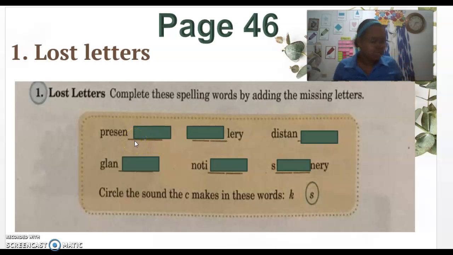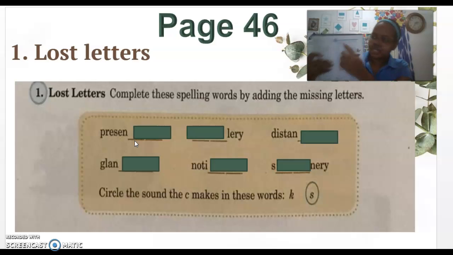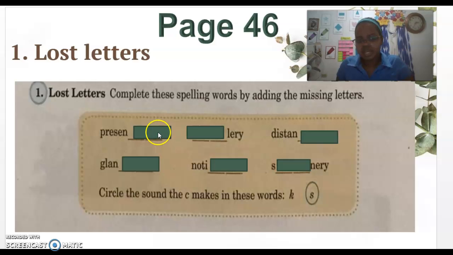So you're going to look in your list for the words that you know are the ones missing those letters. In our list we're going to look for one page and one word that is missing those letters. We are going to look for the word presence. So the letters that are missing are C-E. Glen. Glen what?